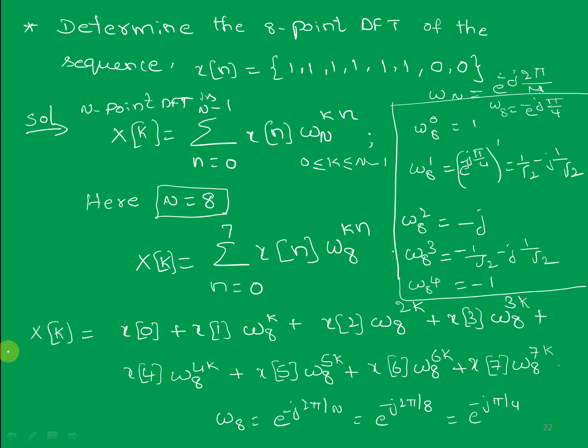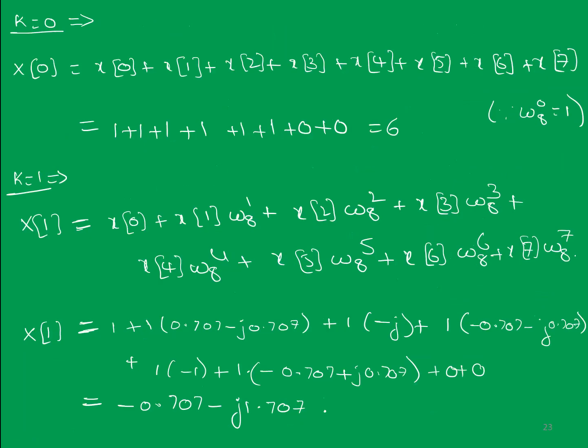Now first write X of k here. Just expand n from 0 to 7: x of 0 plus x of 1 W_8 power k and so on, up to x of 7 W_8 power 7k. Now coming to k equal to 0, substitute k equal to 0 here.